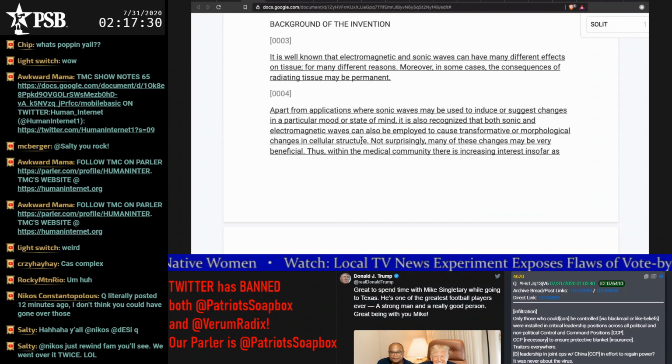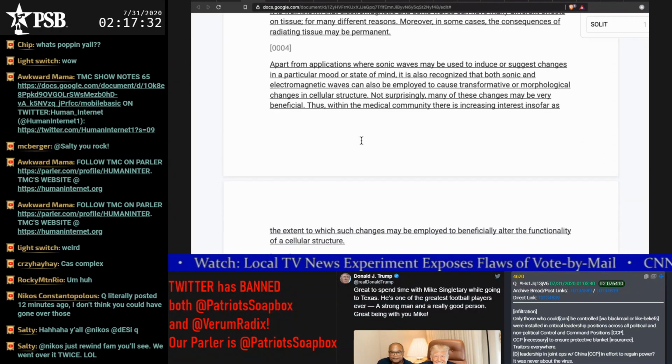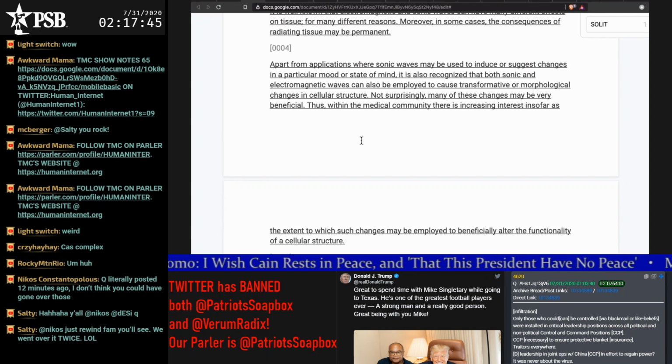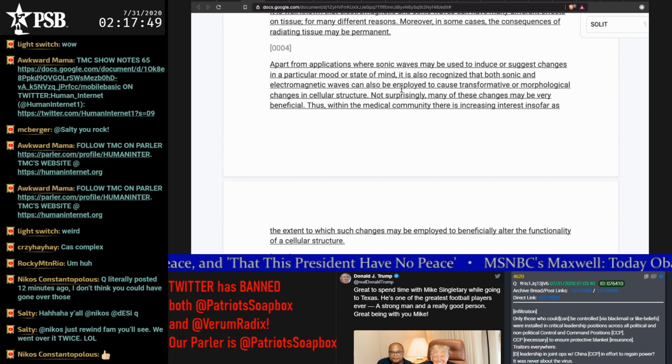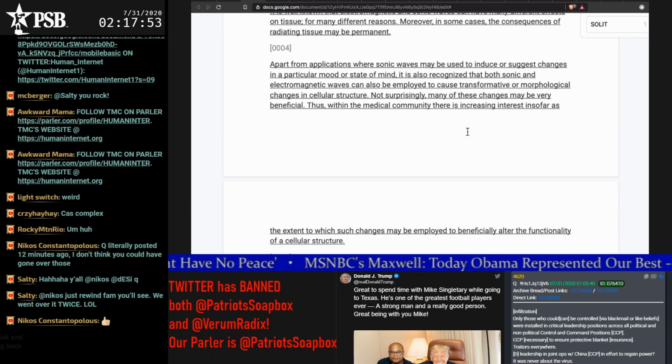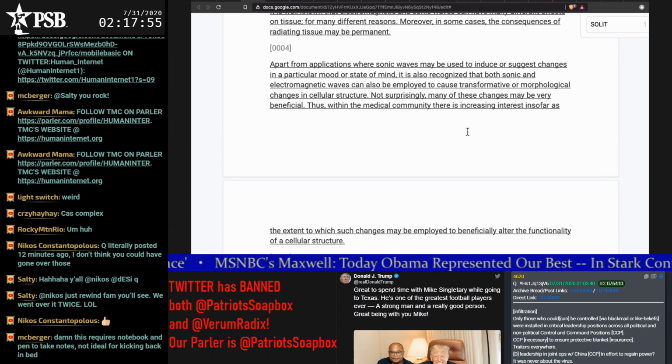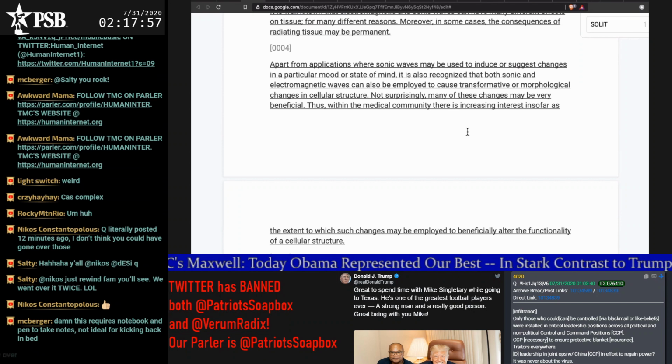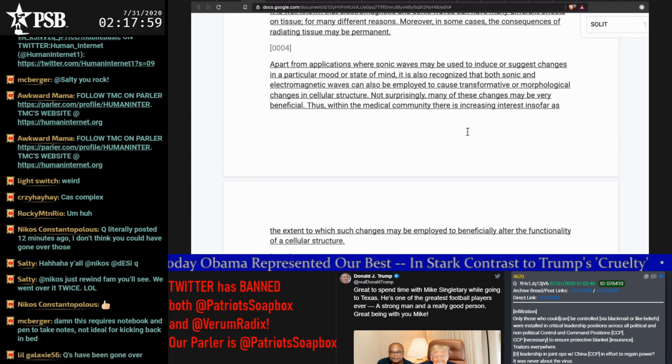Apart from applications where sonic waves may be used to induce or suggest changes in a particular mood or state of mind, we're talking about sound waves at this point, being introduced into a biological system in order to change the mood or the state of mind. It is also recognized that both sonic and electromagnetic waves can be employed to cause transformative or morphological changes in cellular structure, the cells in your body.